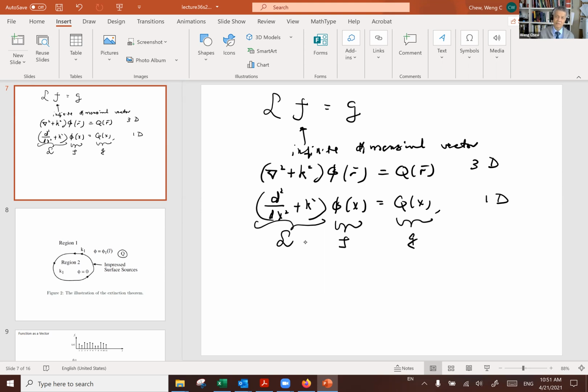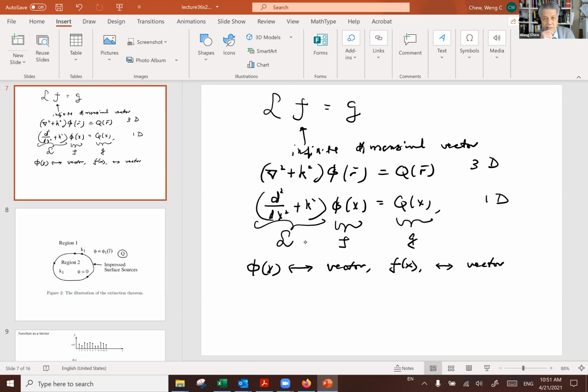And I like to introduce a new concept that you should think of a function as a vector. It's the same as a vector. Okay, a function like any function in one dimension is a vector. Okay, why do we want to think that way?